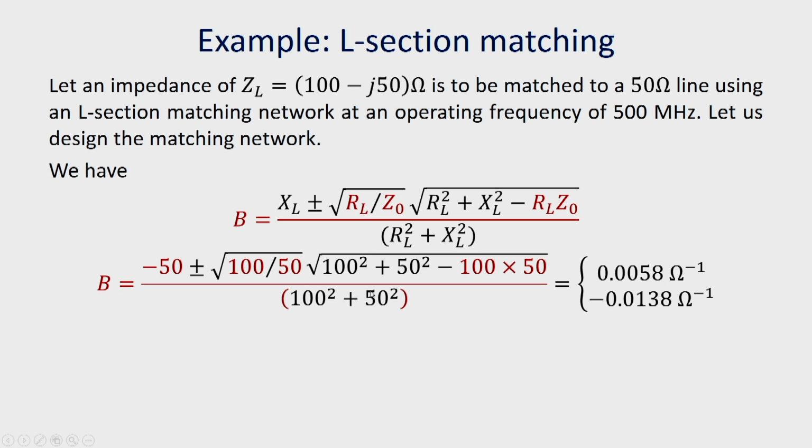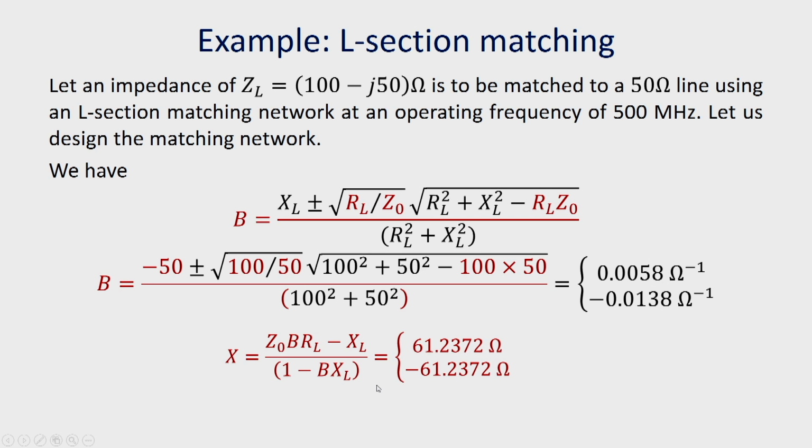Now, if this is computed, we will actually get two values, and these two values are 0.0058 ohm inverse and minus 0.138 ohm inverse. So, we have therefore two values of B.